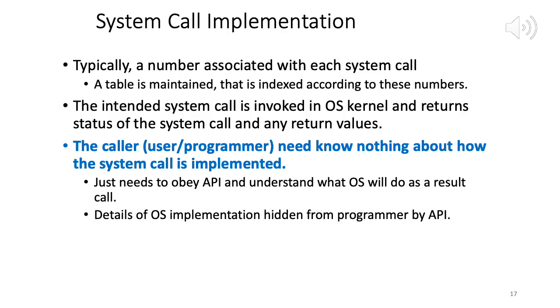The programmer needs to just obey the API and call it correctly. The user just needs to take whatever action results in that system call appropriately. So in short, the caller does not need to know how the system call is implemented. That is abstraction. The details of the implementation are hidden from the programmer by the API. So there's a level of abstraction.